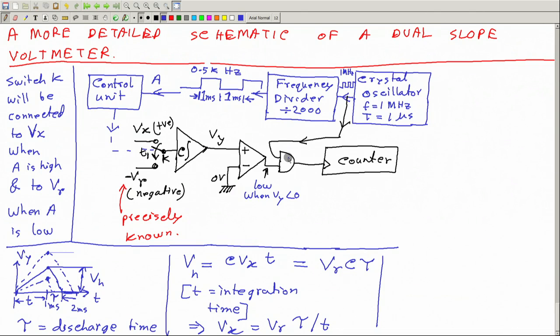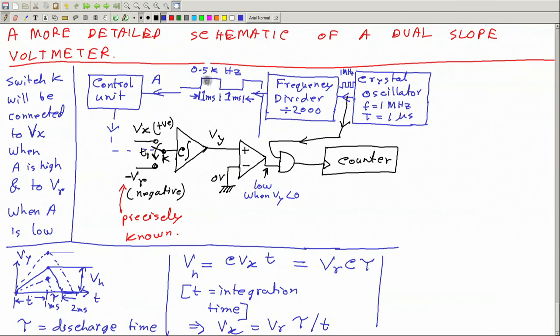Okay, and I also have to make sure that the counter is not counting in this region, because I only want to measure the time in this region. See my pointer. I do not want to measure the time here. This is very easy. You can just take this signal, and if this is 1, what does that mean?